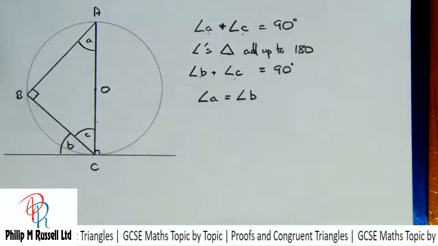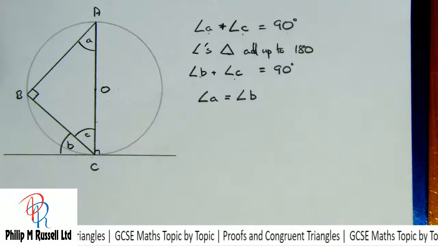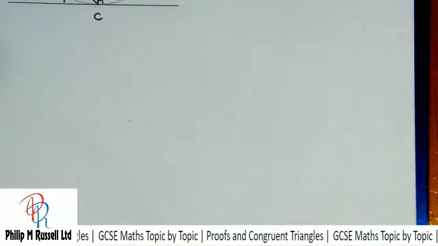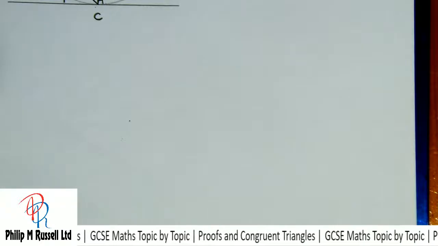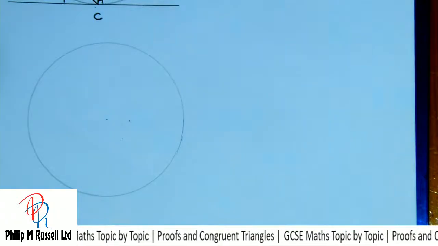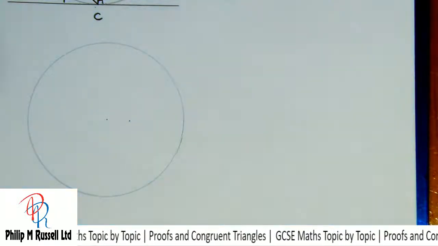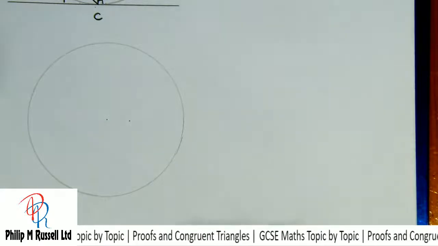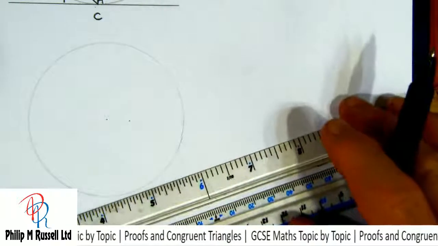Finally, I've got perhaps what's considered to be the worst one by most students, but it's not that difficult. I've got my circle, which is a bit faint to have a look at, and what I'm going to do is draw in a tangent to this.